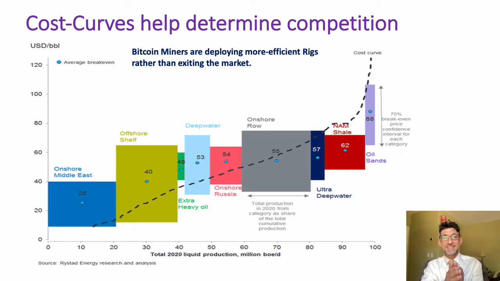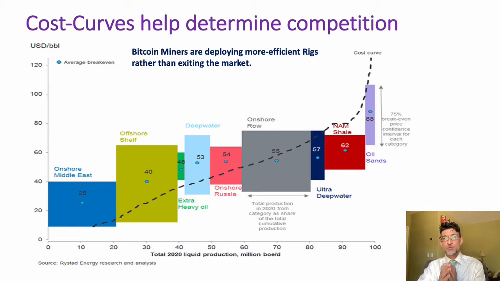This would be nice. This is what you see in energy. This is the cost curve that I like to look at, and it shows the steepness of the all-in cost curve for the energy industry. Now you want to see a steep curve because when you have a steep curve, it shows that the industry is less efficient.